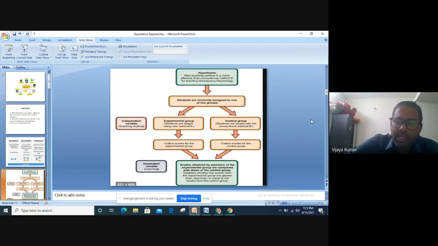Now, the problem that most researchers have is they already have a preconceived notion that the new method will work, and it is absolutely okay after conducting the experiment to find and understand this method has not worked, but the previous methods are much better than this. Probably yours has not yielded the desired impact, so it's unsuccessful.